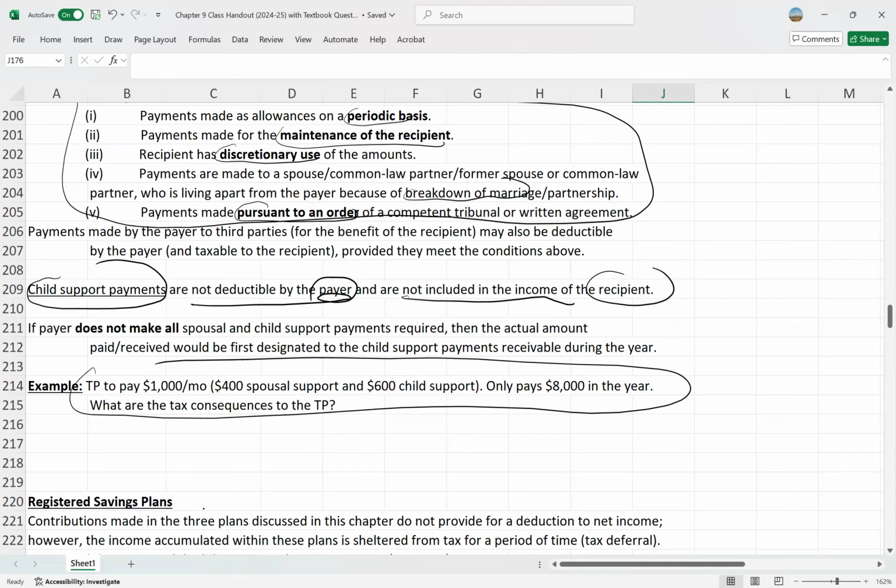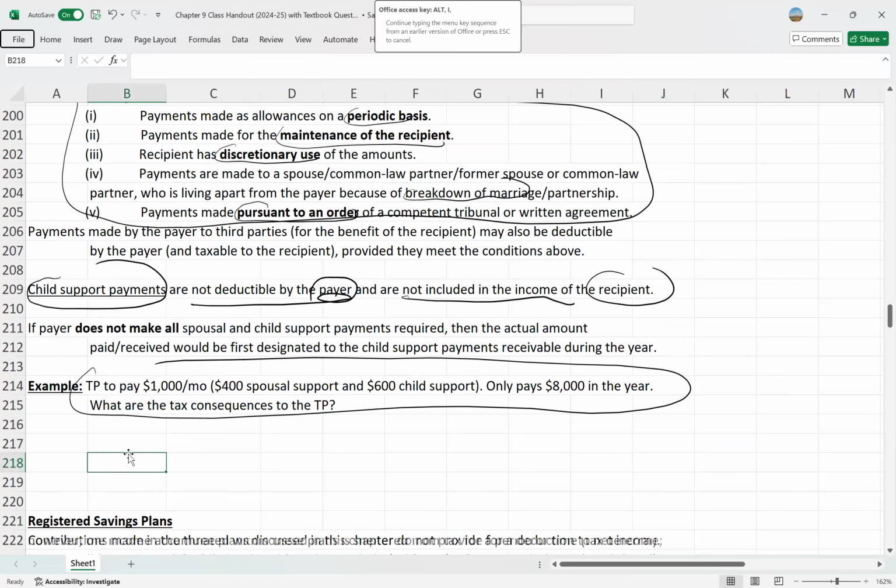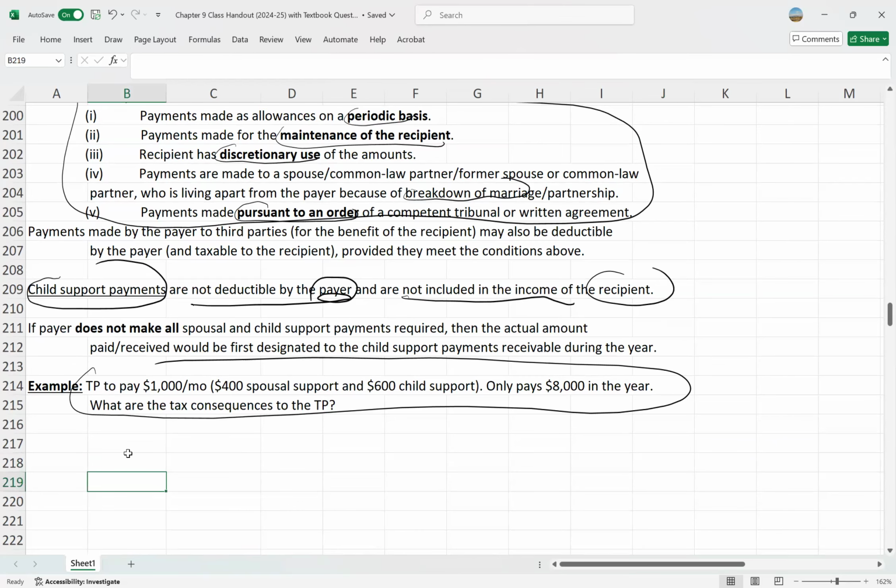They're supposed to be paying $1,000 a month. That is comprised of $400 for spousal support and $600 for child support. Let's say in the current year, they only pay $8,000. How do we figure out what belongs to spousal support and what belongs to child support?